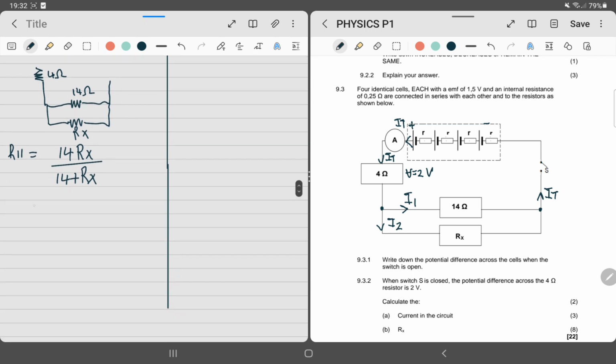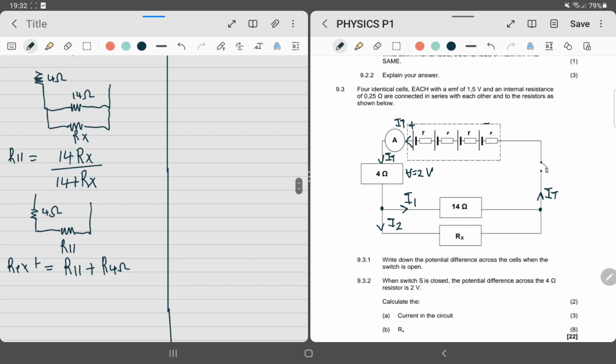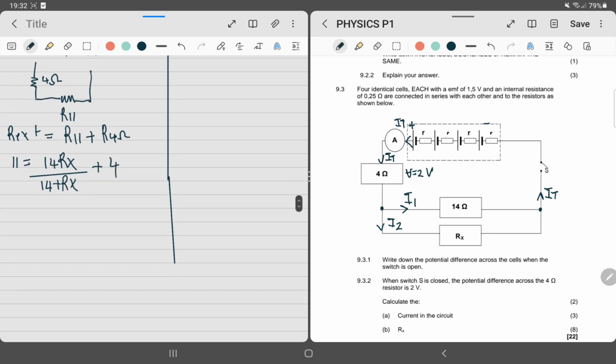So now we'll have something that looks like that. So this is R parallel, that's the 4 ohm resistor. So now we have a series combination. So R external should be equal to R parallel plus the 4 ohm resistor. R external is 11. The parallel combination is 14 Rx all over 14 plus Rx, plus the 4 ohm resistor.